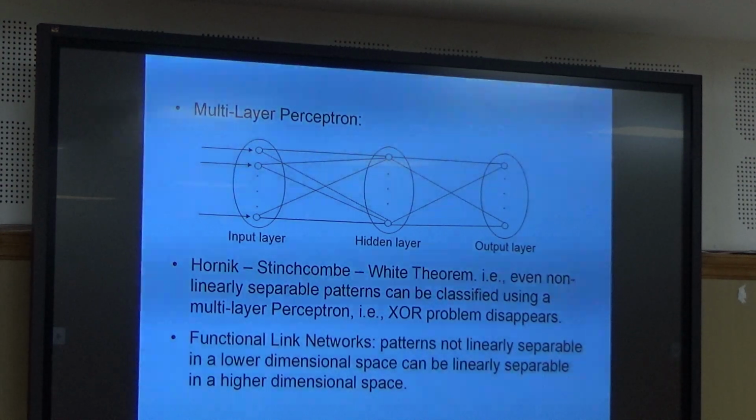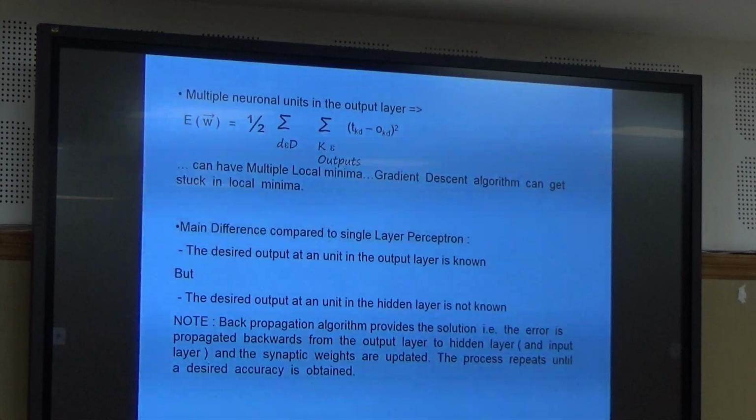The second thing is, because there are multiple neurons in the output layer, whereas the error function previously had only one neuron, this function is no more a convex function.